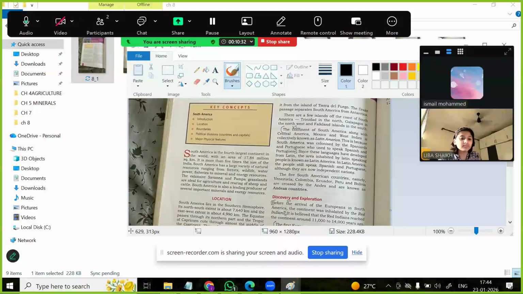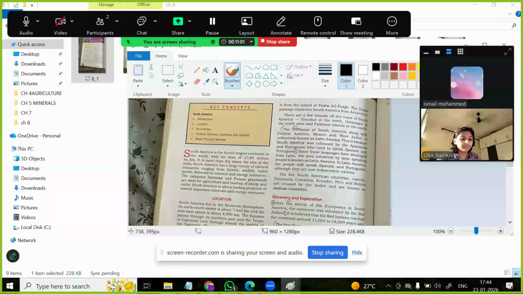And there are a few islands off the coast of South America, like Trinidad, Tobago, West Indies. These islands lie to the north, and you have Galapagos in the northwest, and you have Falkland Islands in the south. So this is also important. What are the islands that come in the south of South America? It is Falkland Islands.